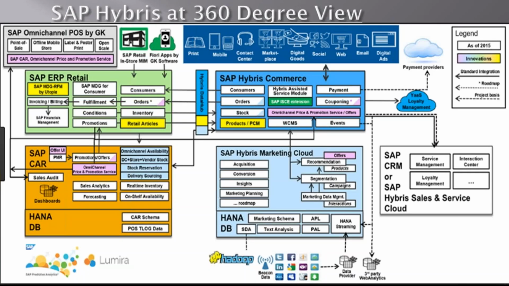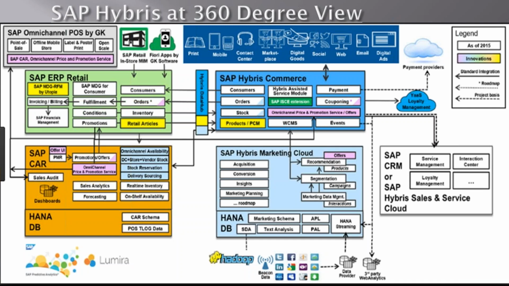Why is SAP Hybris e-commerce the gateway for all other applications? You can see over here, at the top is omni-channel integration. There may be print, mobile, contact center, marketplace, digital goods, social media, whatever front-end touch points, and they integrate with the e-commerce system.